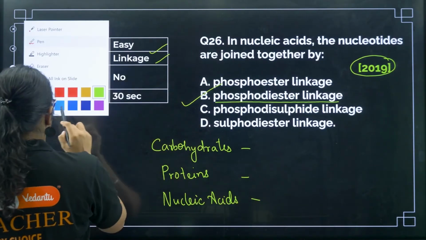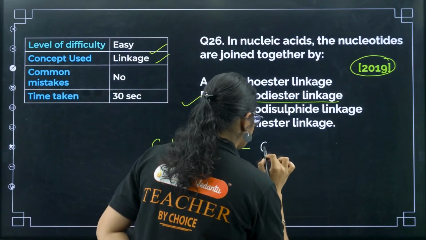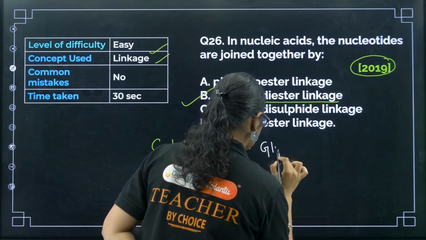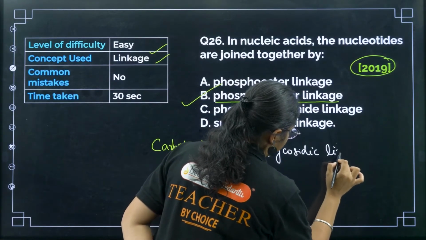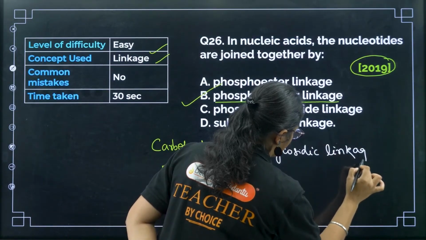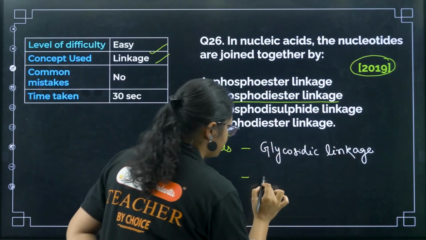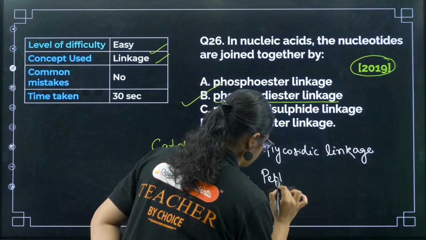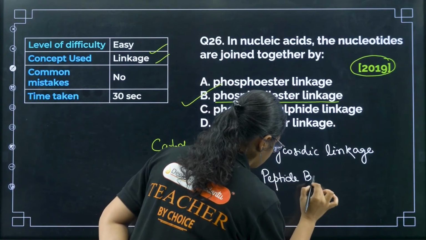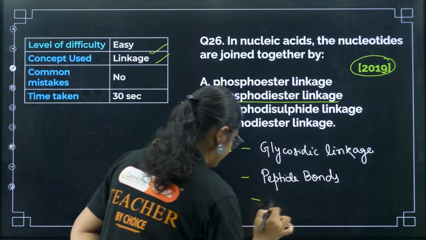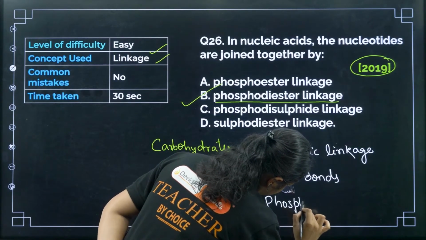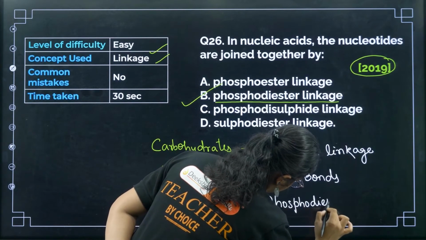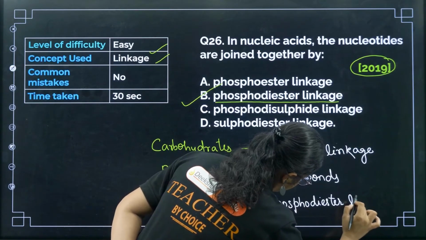So just as a revise, I am doing this one. In carbohydrates we have glycosidic linkage, right? In proteins we have peptide bonds. Okay, in case of nucleic acids we have phosphodiester linkage.